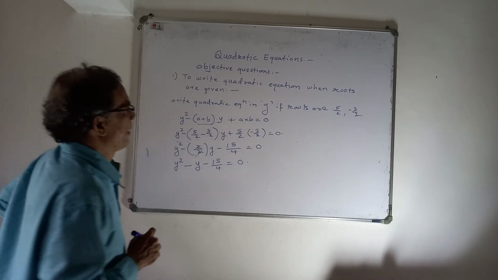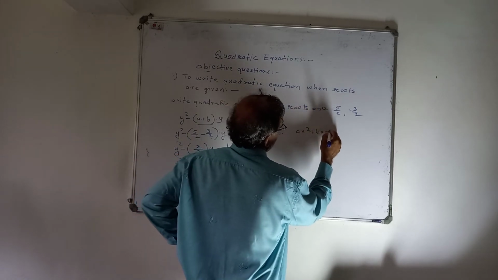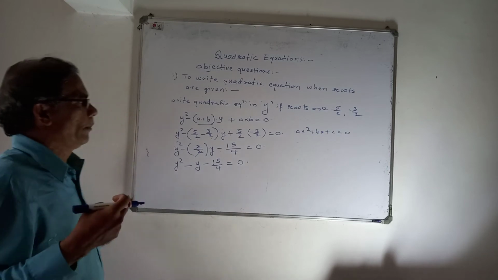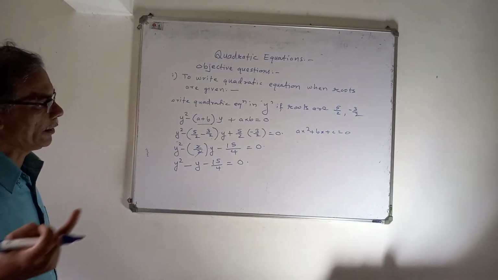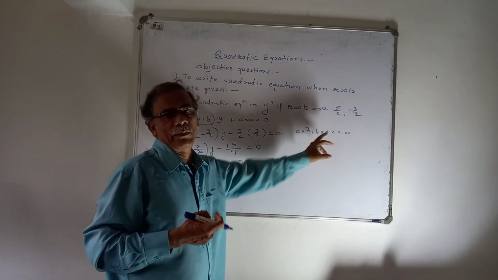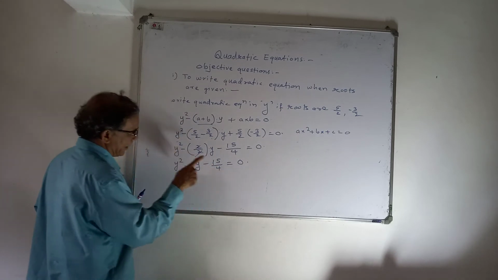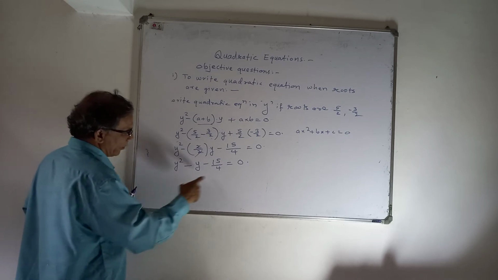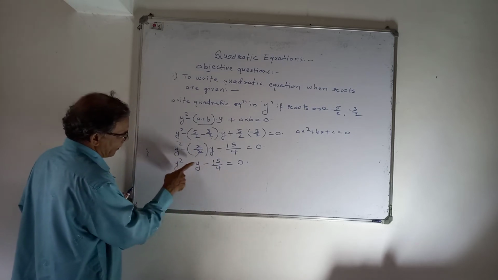Now see, standard form is always in this form, ax square plus bx plus c is equal to 0. A and b are real numbers, whole numbers. It is not that c is upon 4. Upon denominator should not be there. So now we have to make common denominator. Here upon 4 is there. Here no denominator. Here no denominator. So to make common denominator 4, by this 4 we have to multiply this term and this term.